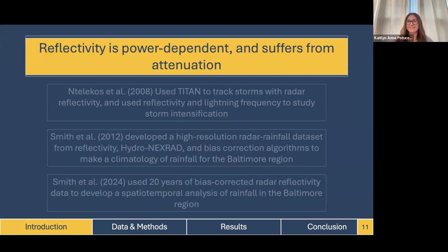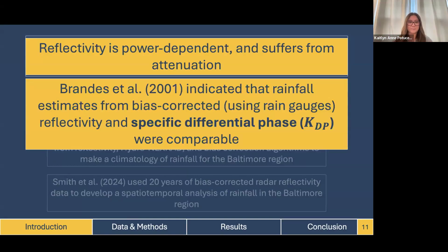But reflectivity does have a minor issue: it is power dependent and it suffers from attenuation. These papers do note that, and they note that you require a rain gauge bias correction process to enhance the reliability of reflectivity measurements.